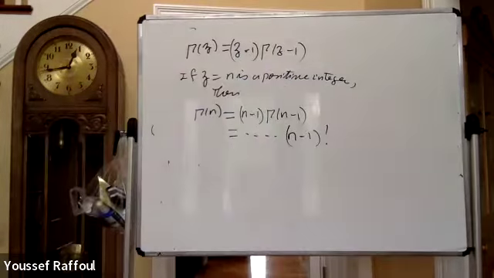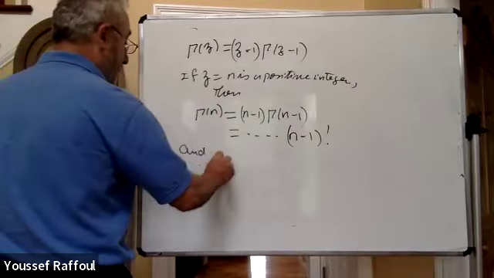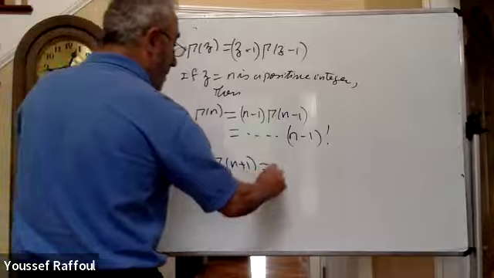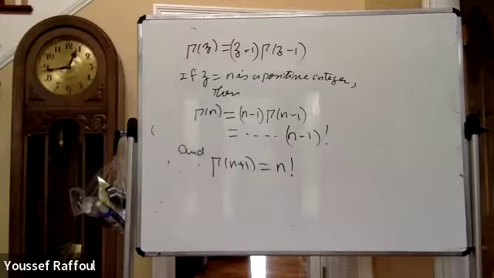So gamma of n is n minus 1 factorial. Okay? And gamma of n plus 1 is n factorial. Okay?